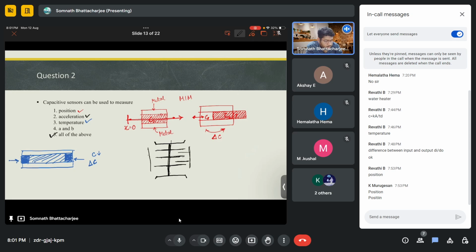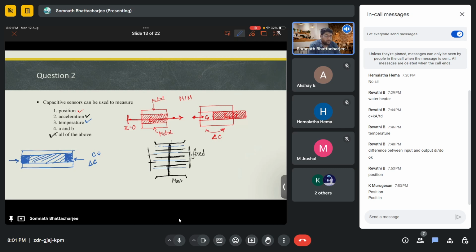This is a fixed structure, whereas this can move. In the next case, the position can be like this. It will be here, it will be here, and it will be here.